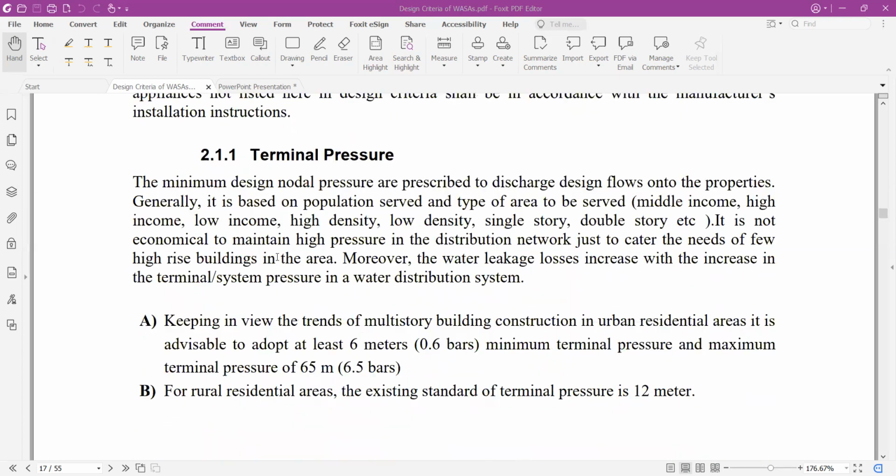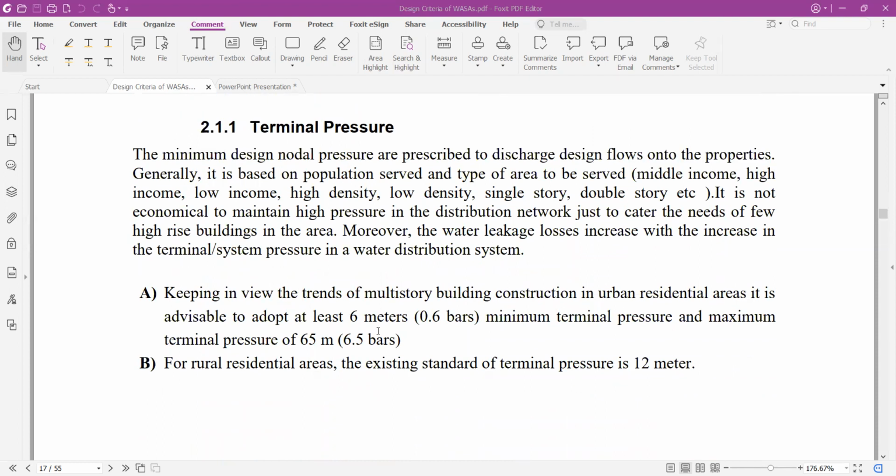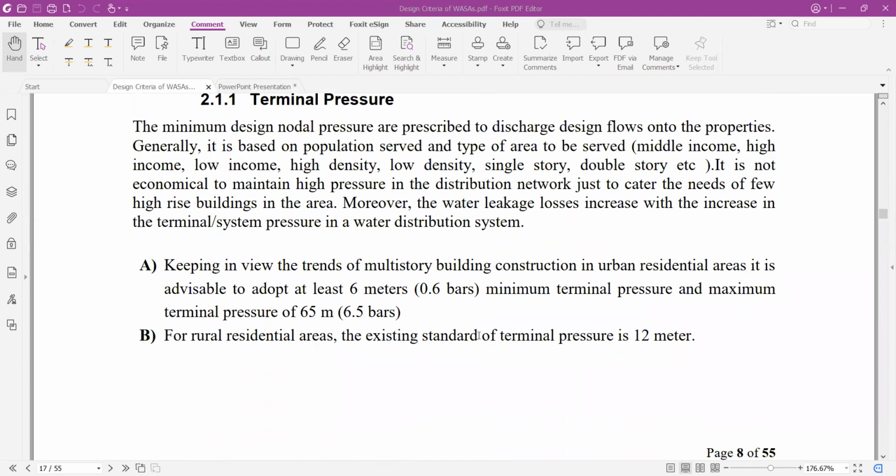Mostly for the terminal pressure, at least 6 meters of minimum terminal pressure and about 65 meters of maximum terminal pressure should be provided at each junction. For rural residential areas, the existing standard only gives the terminal pressure.